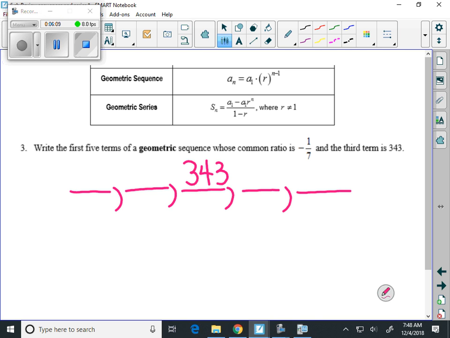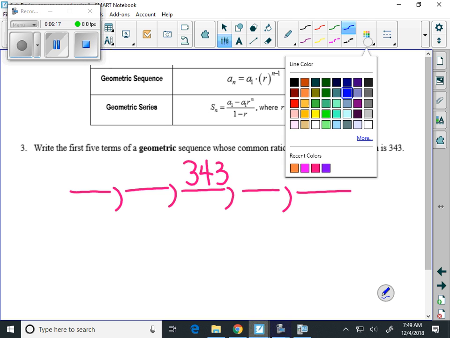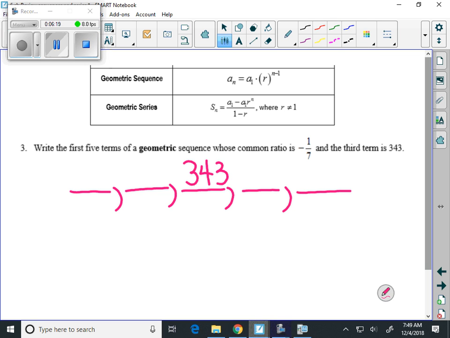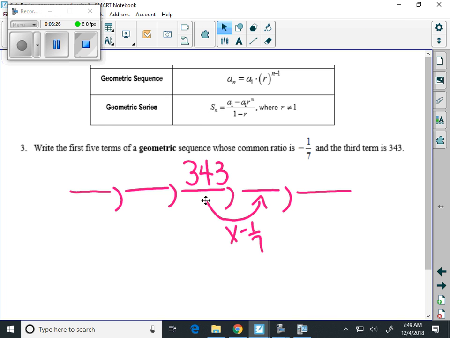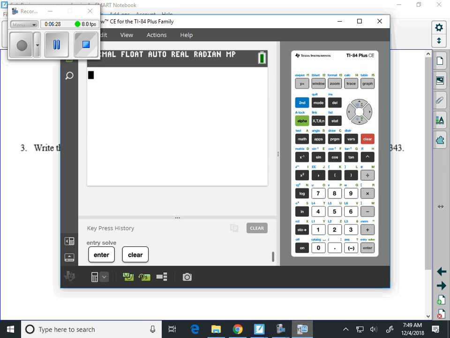And what's going to happen here is that we are going to multiply by negative 1/7. That's where we might want our calculator, 343 times negative 1 divided by 7. And that gives us negative 49.